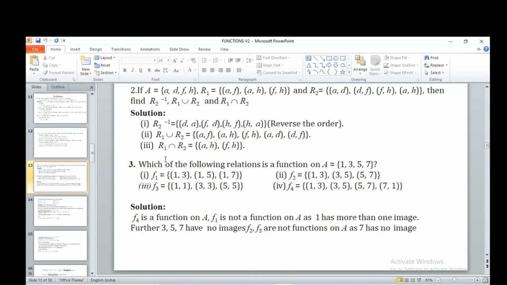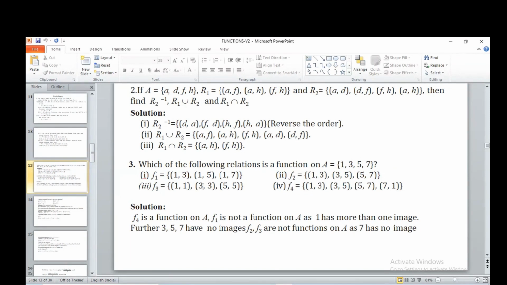So R2 inverse is D comma A, F comma D, H comma F, and H comma A. The union is as usual, as in the previous problem. R1 union R2 is A comma F, A comma H, F comma H, A comma D, D comma F. R1 intersection R2 is A comma H, F comma H.